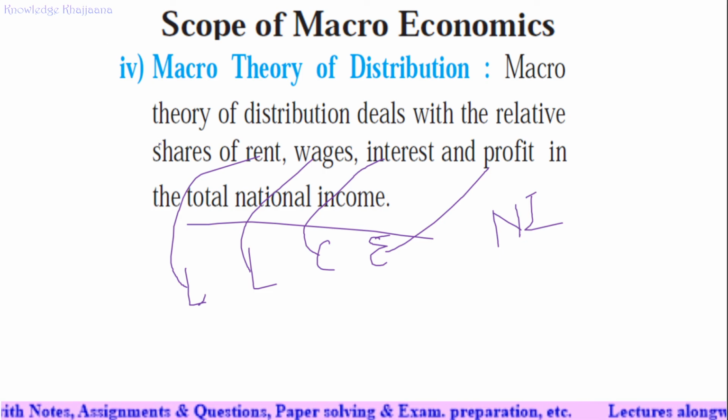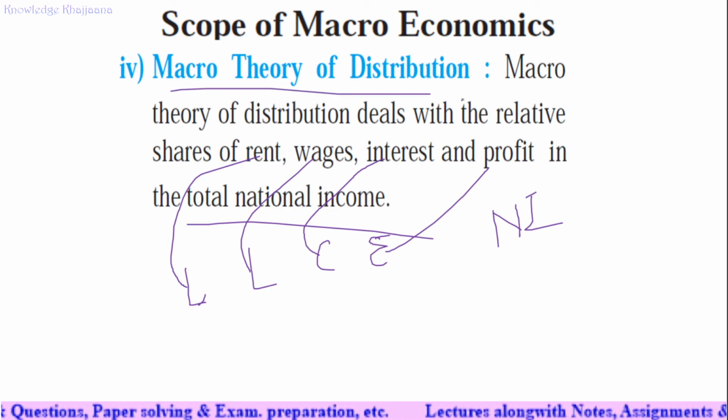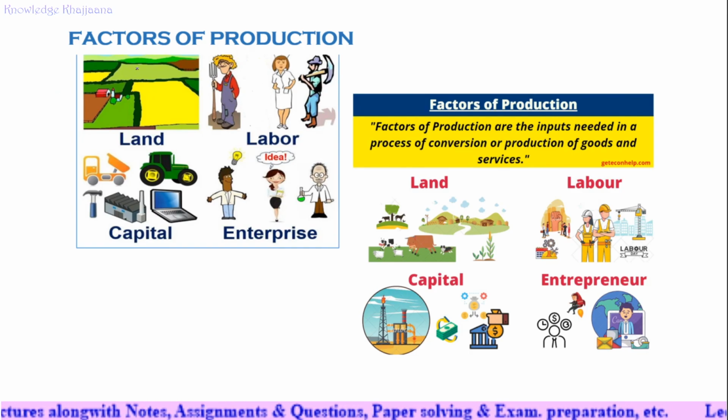Whatever income a business firm earns, it distributes to all the factors that contributed to its production. This theory analyzes how the national income is distributed. Which are the factors of production?